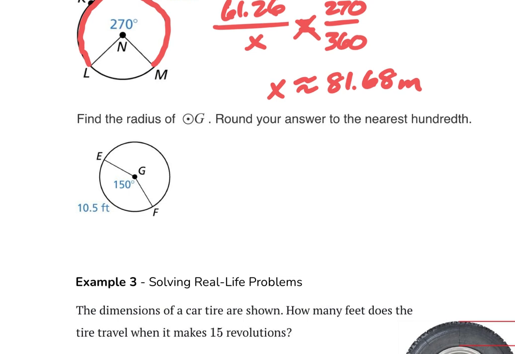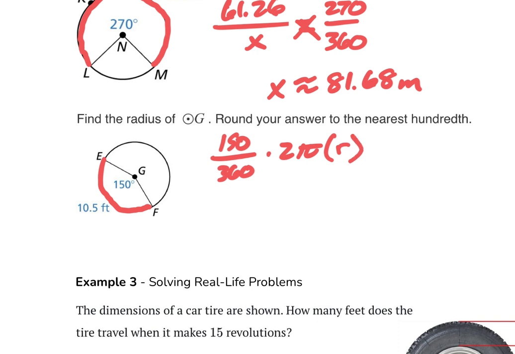Okay, on this one, find the radius, okay? I know how many degrees this arc is. Okay, this is the arc we're talking about. EF. 150 over 360 times 2 times pi times r. We don't know r.